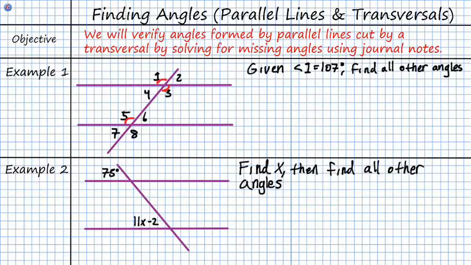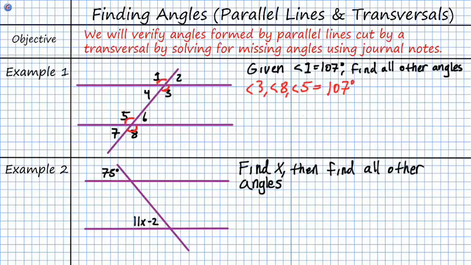This is an exterior angle, so my alternate exterior angle, or 8, will be congruent as well. So those four end up being congruent. Right off the bat, I can say that angle 3, angle 8, and angle 5 are all 107 degrees.